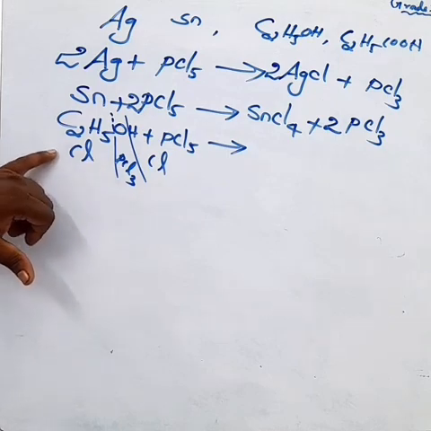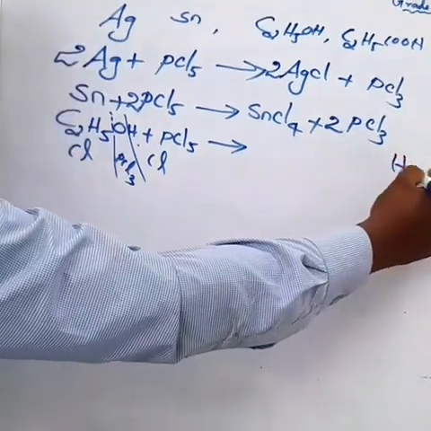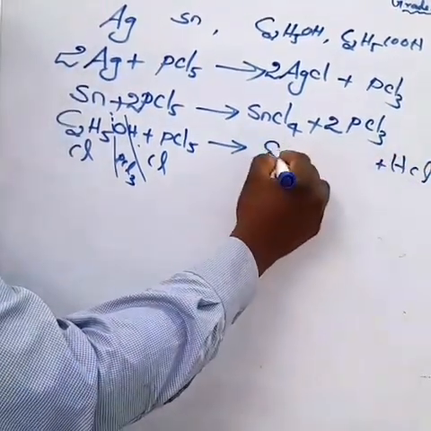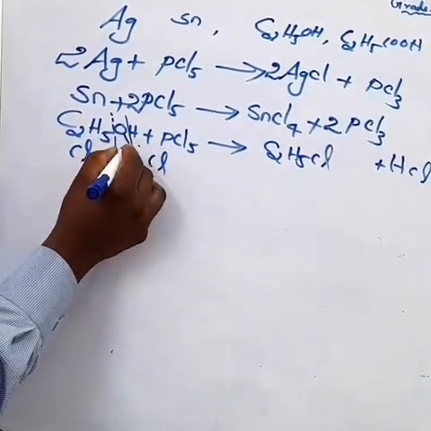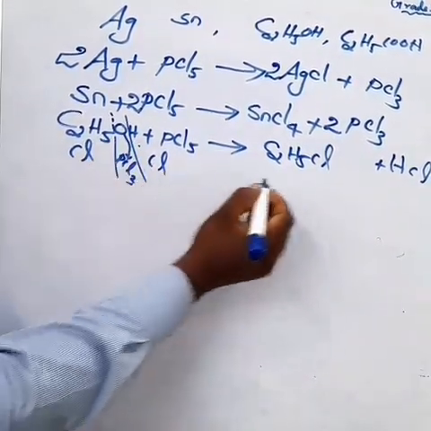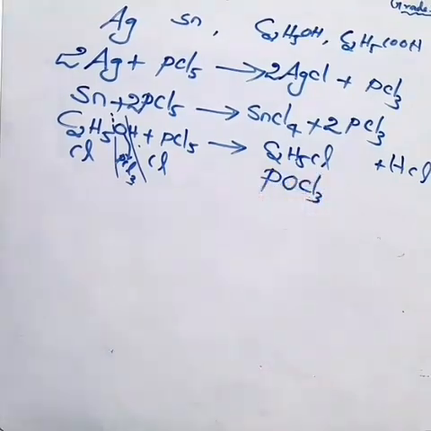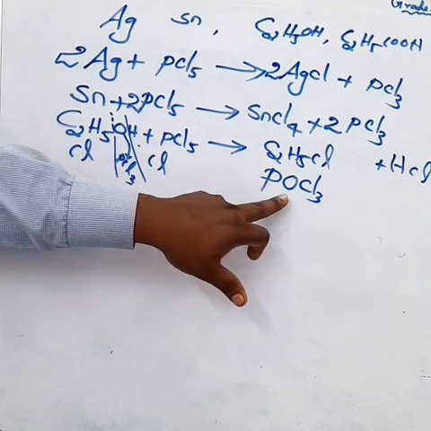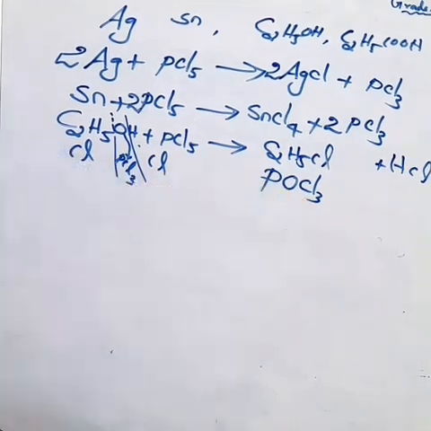One of the hydrogen plus Cl gives HCl and the ethyl plus Cl gives C2H5Cl. And also the remaining oxygen is attached between phosphorus and chlorine atoms. So the product obtained is POCl3.